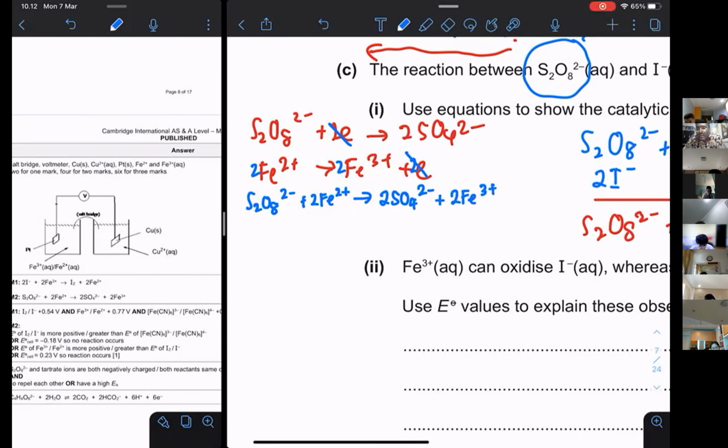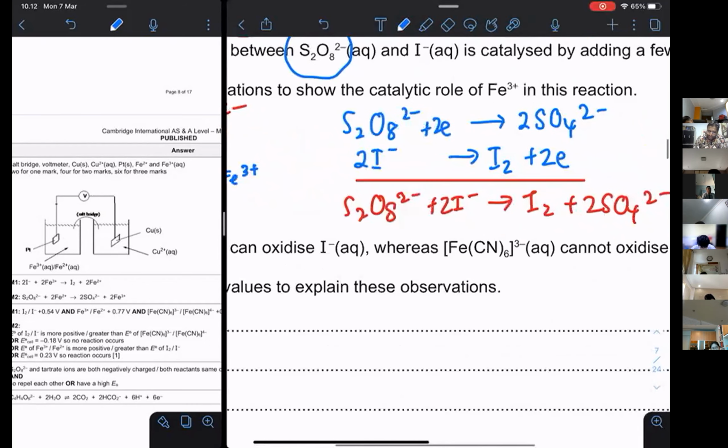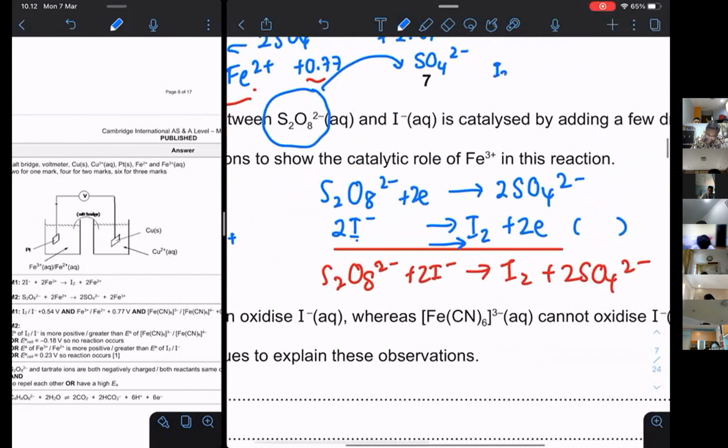The second equation must involve this I minus going in that direction. If you look at the E value, you will get the same thing. For I2 plus 2 electrons to give 2I minus, the value is 0.54.